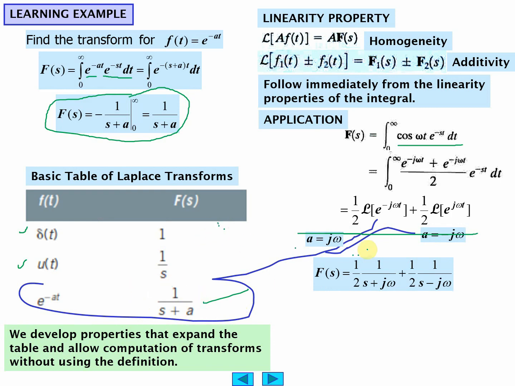Then we look up on the table the transform of e to the negative j omega t, and we can write it down. There's the transform of the exponential. Then a becomes j omega, and you just plug and play. Whatever a is, j omega goes down here.